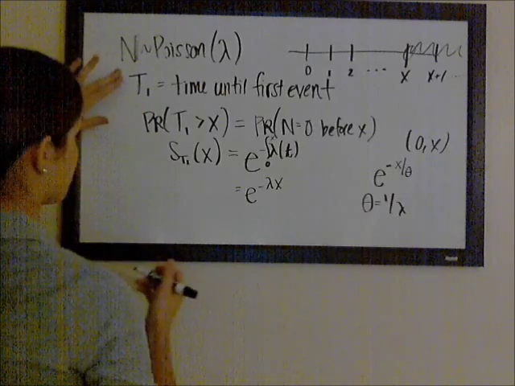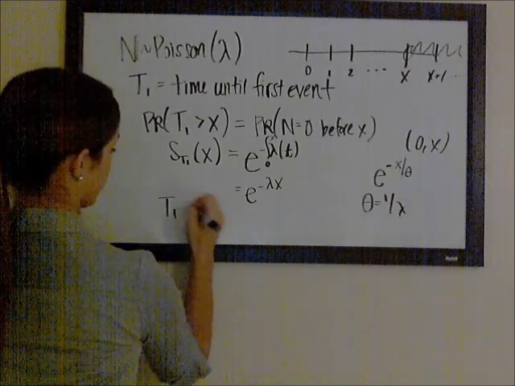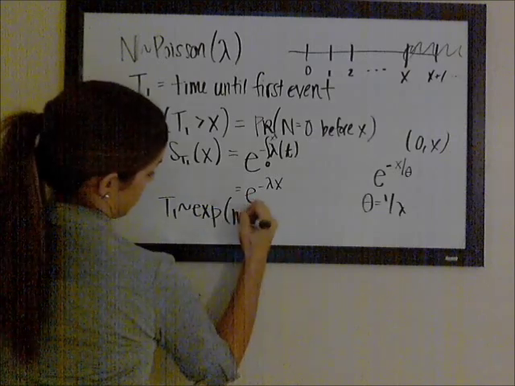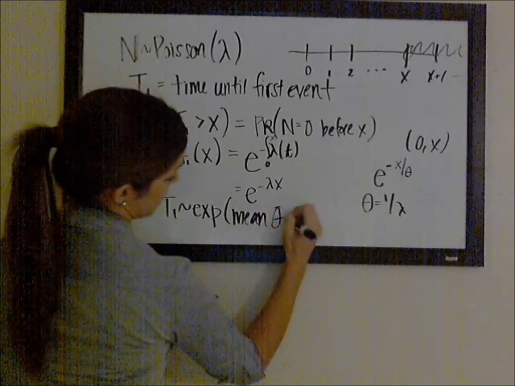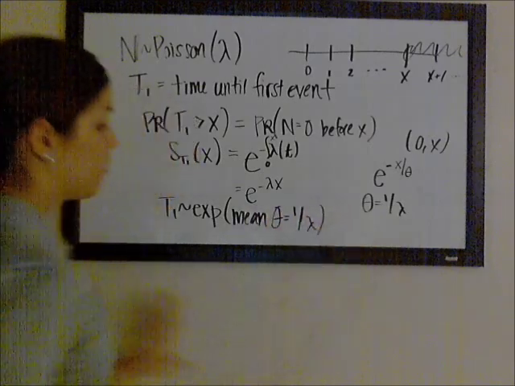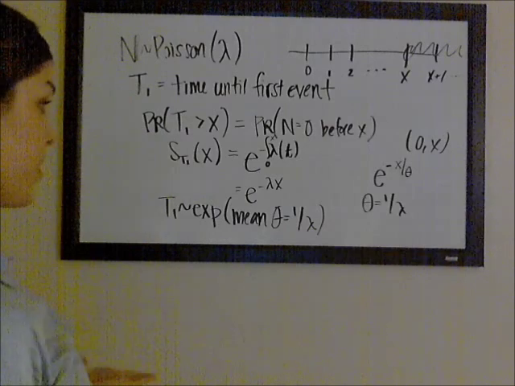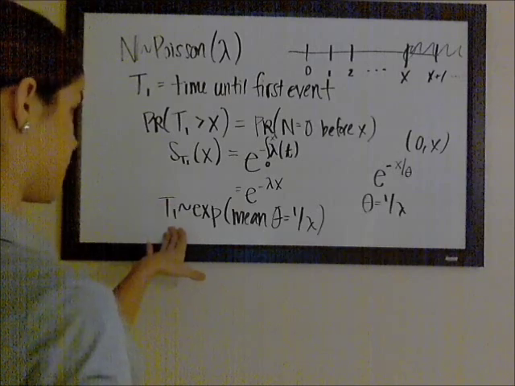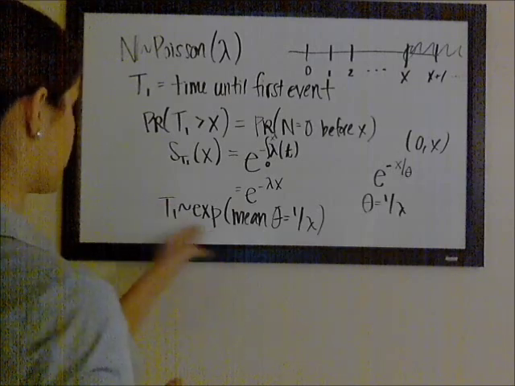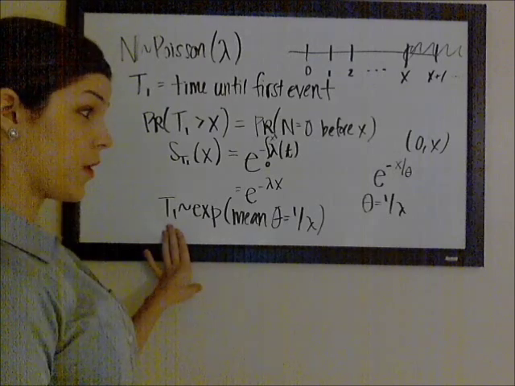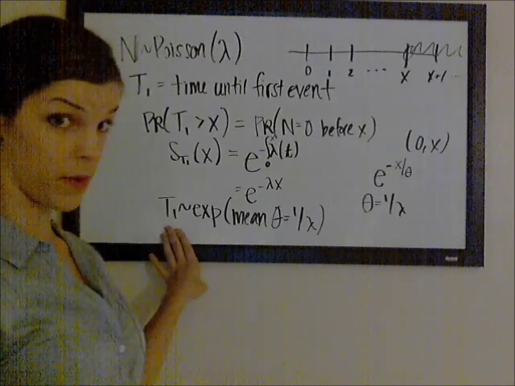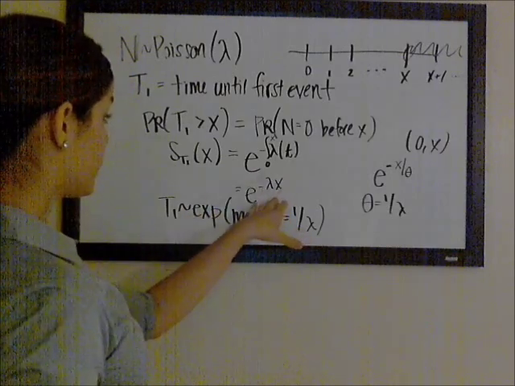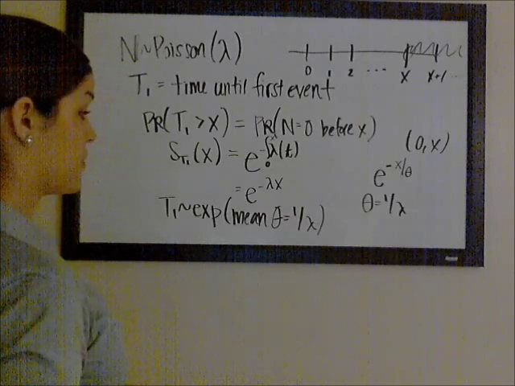So we can see that the time until the first event follows an exponential distribution with the mean theta equal to 1 over lambda, where lambda is your rate at which the events occur. And again, we can see that the time until the first event is exponentially distributed because we found the survival function for the random variable representing the time until the first event, and that equals the survival function for an exponential distribution.